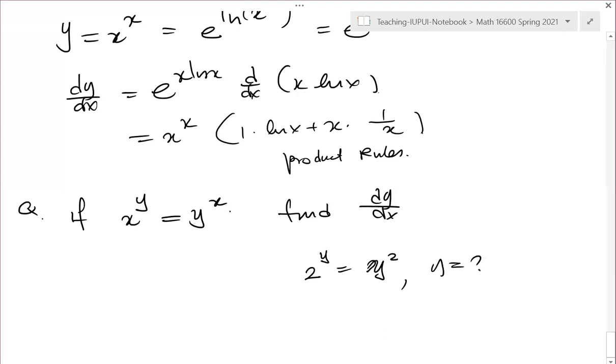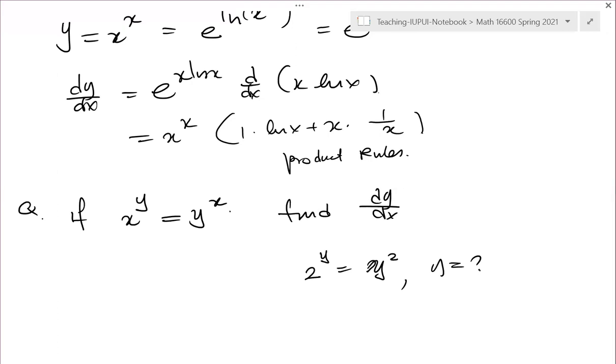I guess y should be 2, because 2 squared equals 2 squared. We are lucky this time, we can find y. When x equals 1, maybe y is 1. But in general, you cannot express y in terms of x.